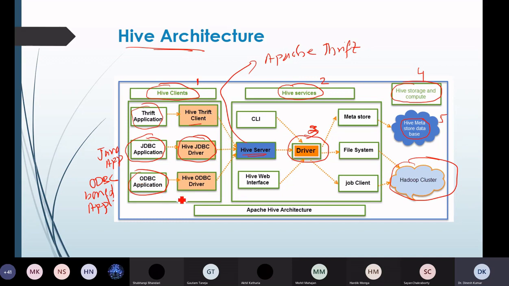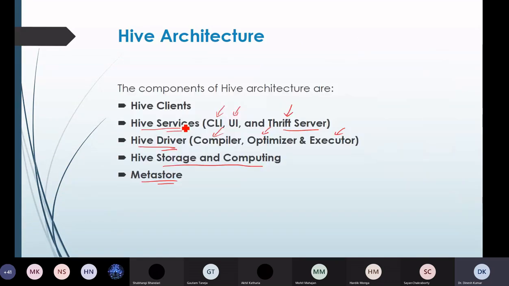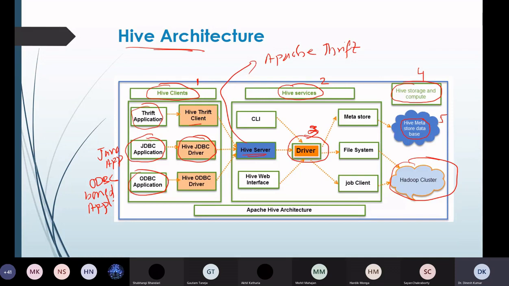So these are the various clients in the first component of this Hive, which is basically the interface or the communication channel to the Hive services, right? Either a Java-based application or ODBC-based application or any other programming language application which would like to connect to the Hive server so that they can run their queries. For that, we have different subcomponents in the Hive architecture, right?